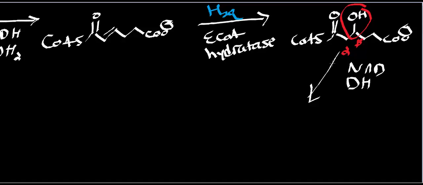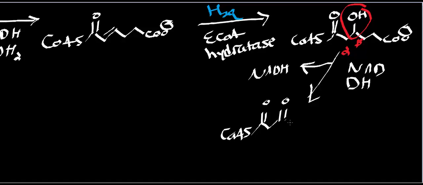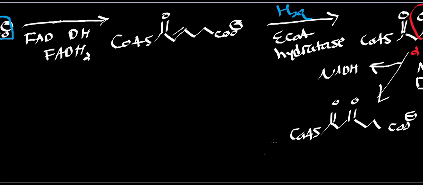And so you're going to end up with an NADH. And what you end up with is a beta keto acyl-CoA, 1, 2, 3, 4, 5, 6.